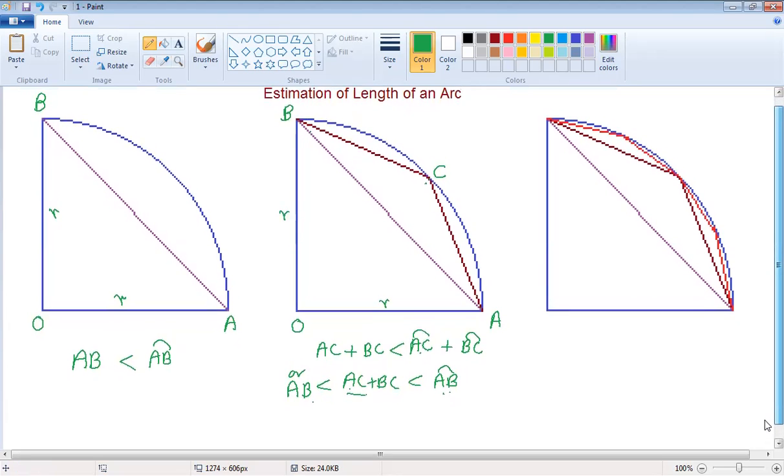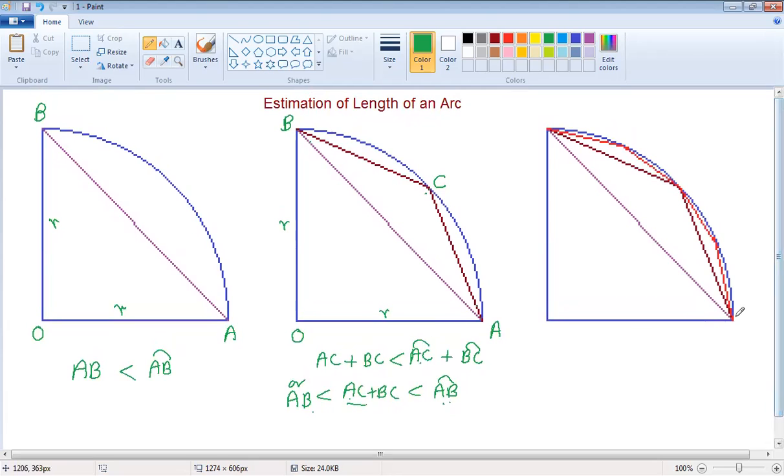What I am going to do? We are going to estimate the length of the arc. So again, in the third figure, we have the center of the arc O, and AB is the arc.